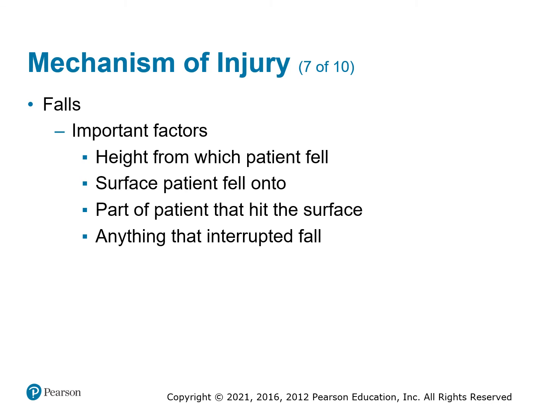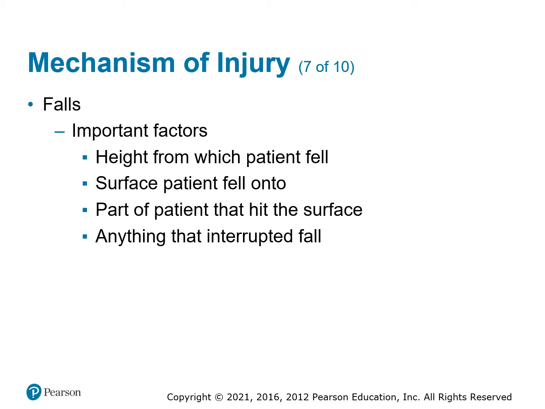A little bit redundant here because I've talked about this, but again: height of the fall, what they fell onto, what part hit the surface first, if you know. And then the other thing I didn't talk about, is there anything that interrupted the fall? Did they fall through tree limbs off of a roof to the ground? Did they fall through a bush onto the ground?